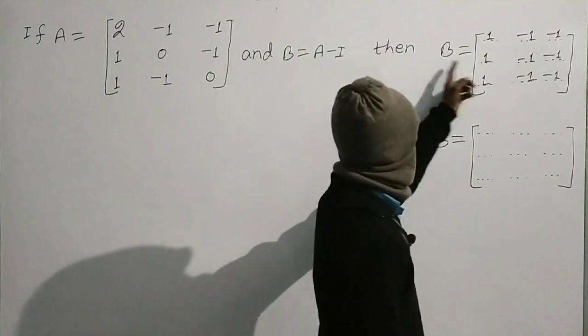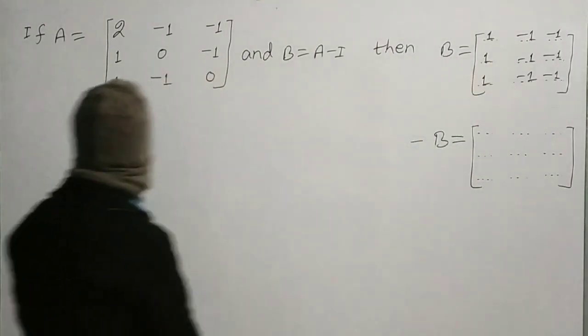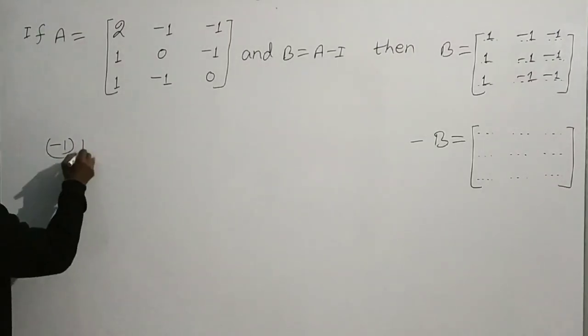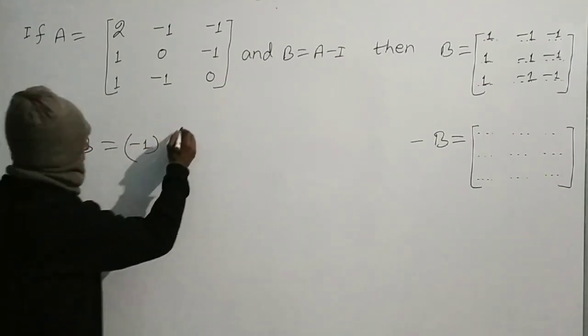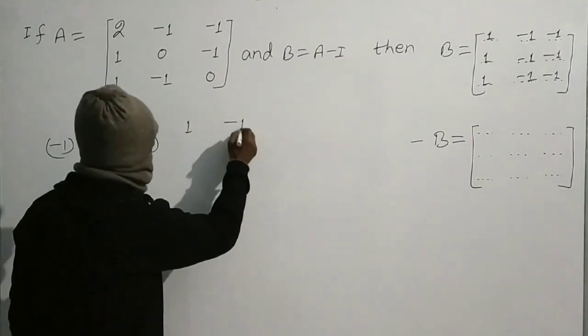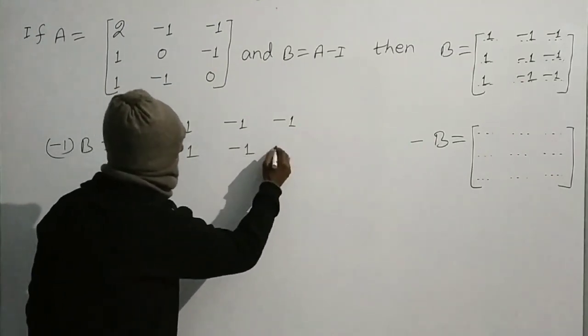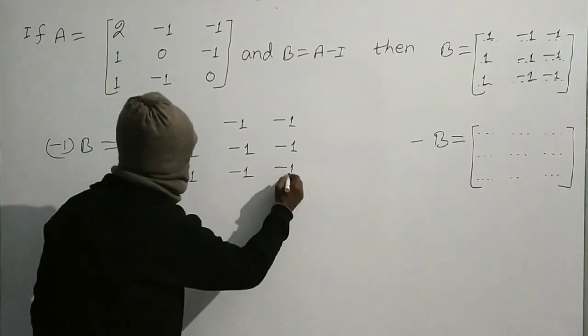When we multiply both sides by the number minus 1, then minus 1 times B is equal to minus 1 times the matrix with rows 1, minus 1, minus 1.